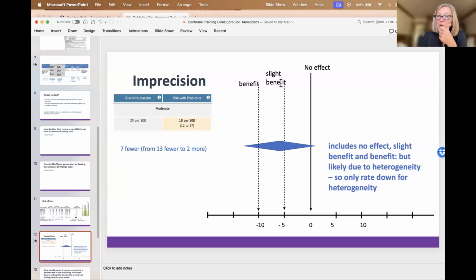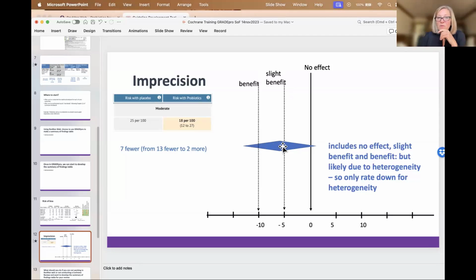And if we put some thresholds about what we think is important, what's an important reduction, we would say that if we saw at least 5 fewer people with an infection, this would be a slight benefit. We could say it's a moderate benefit if 10 fewer people had an infection.